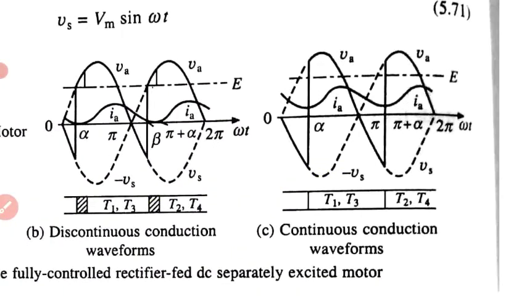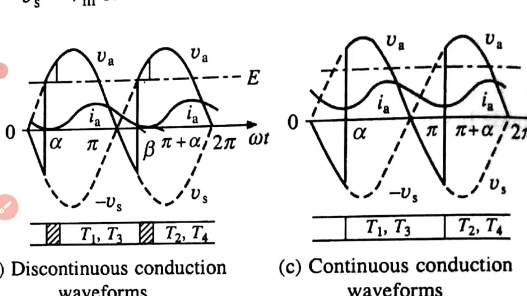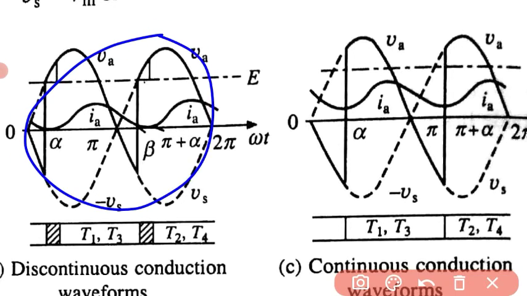The discussion next is the continuous conduction waveform. If you are looking at this graph and comparing with this, what difference you find is that the armature current is continuous.